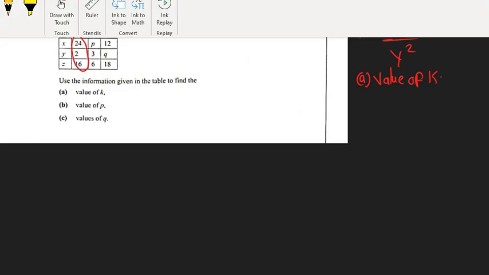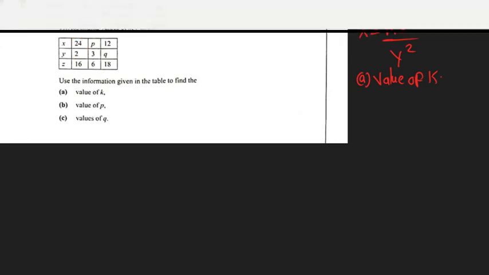So how do you find the value of k? You need a set which is complete. The first set is complete, so let's utilize it. x is 24, k we don't know, z is 16, y is 2.